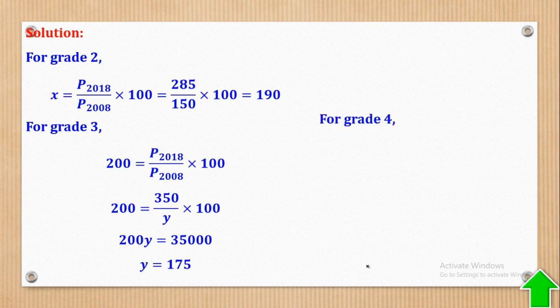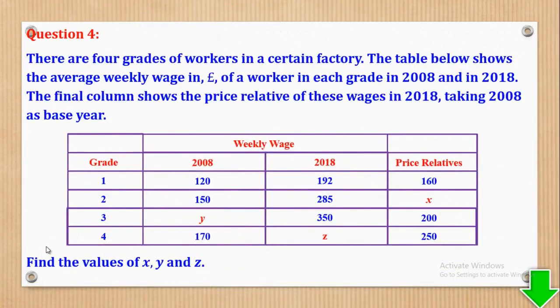That was Y. Now we have to get Z. So for Z, it means that when I say this divided by this, everything multiplied by 100, I have to get this. So let's do that.